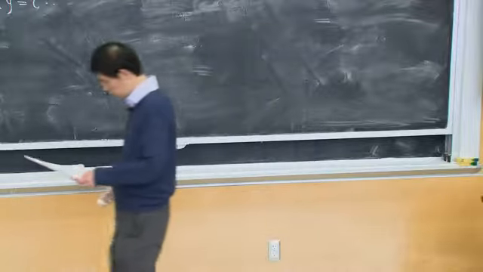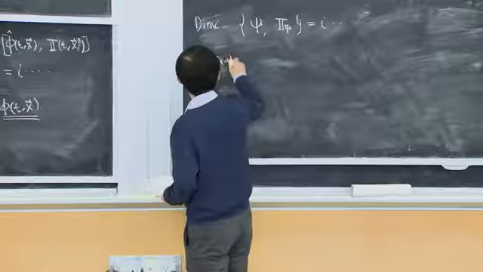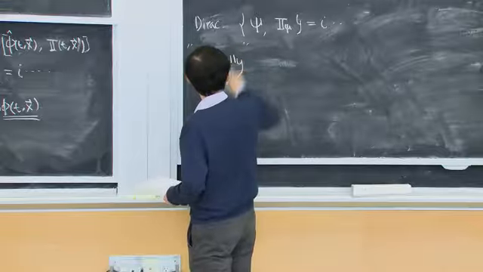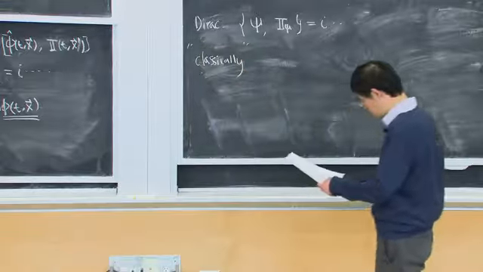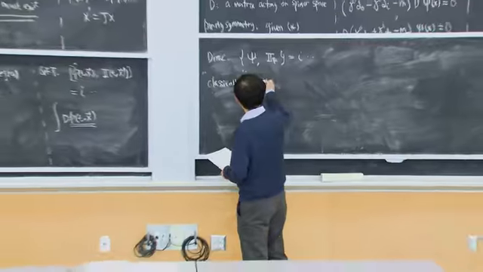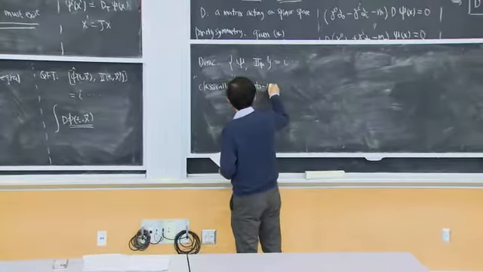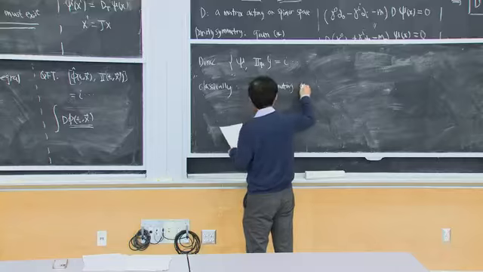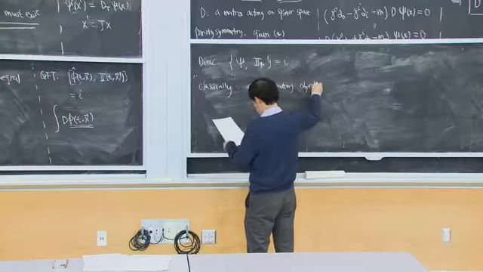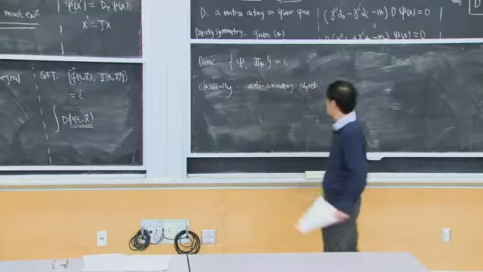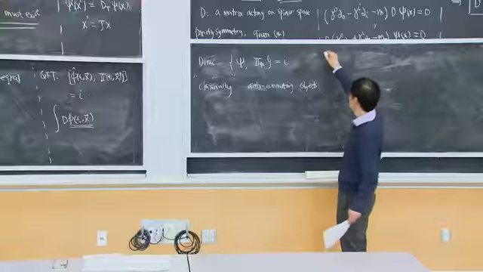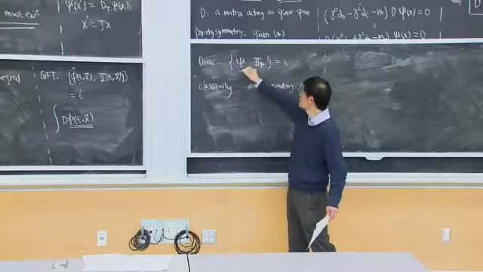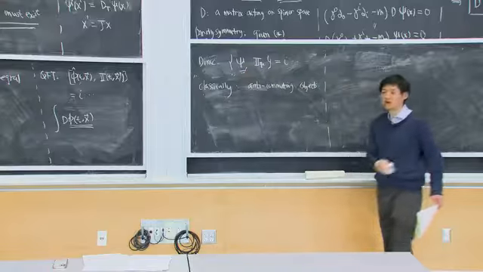So classically, maybe say classically in quotes, because we only do this in the path integral, corresponding to anti-commuting fields, there is an anti-commuting object. And then when you do the path integral, you just integrate over psi, but psi is an anti-commuting object.